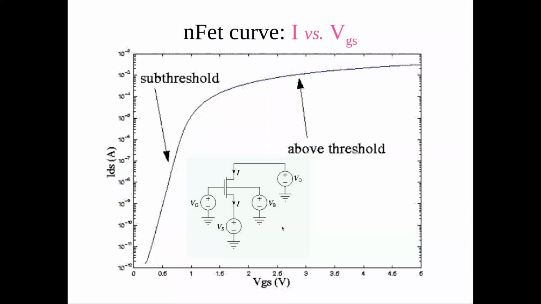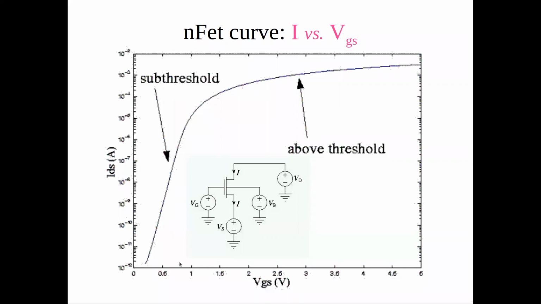So this is actually data from an old chip that we measured, and we applied a relatively big VDS, so we had a difference in potential, and then we changed the gate voltage. And by changing the gate to source voltage, you see how you have this pure exponential relationship between the output current, the current flowing from the drain to the source, IDS, and the gate to source voltage, VGS.